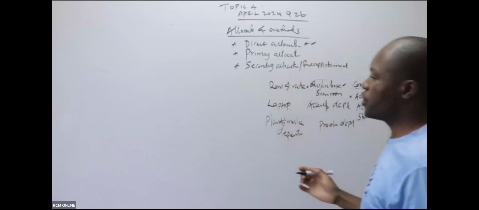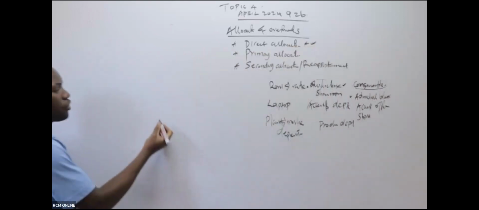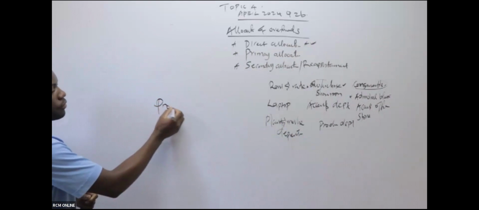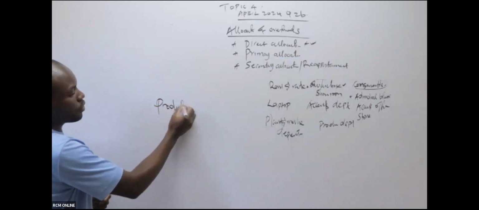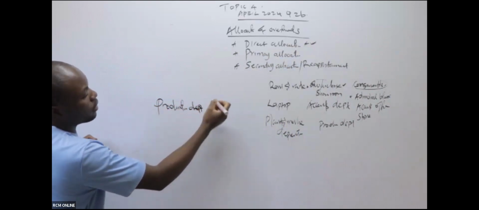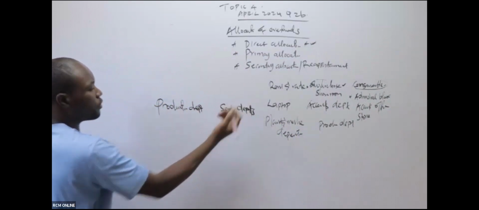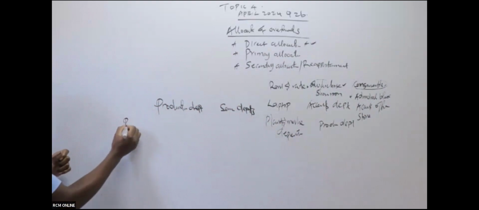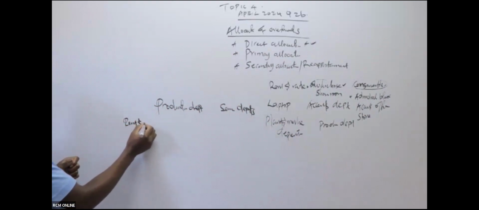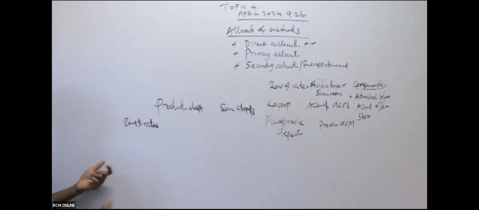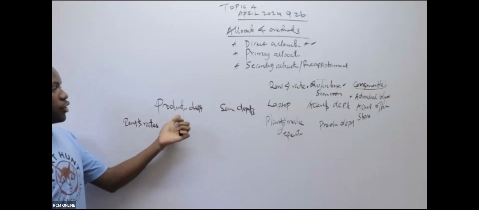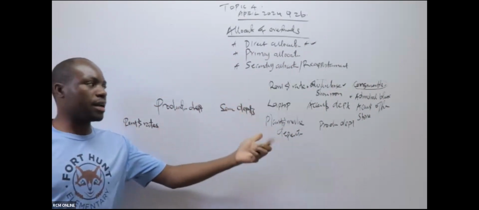So we are talking about categories of departments. Here we have production departments, right? Then we have service departments. So we've been able to see that rent and rates will be incurred both in production and service departments.